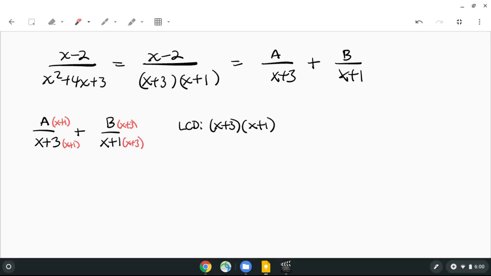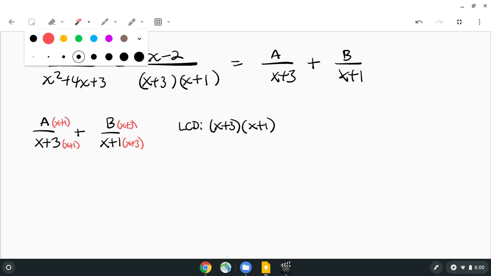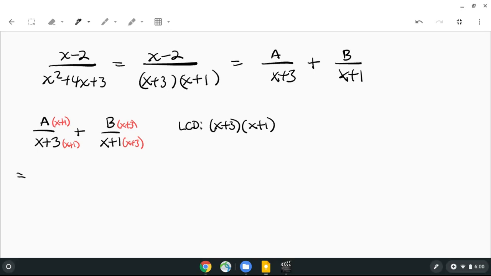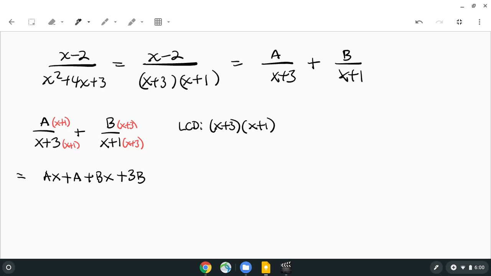Now that gives me the same denominators, so I can add these together. Let's distribute: that's Ax + A, and this is Bx + 3B, all over (x + 3)(x + 1).